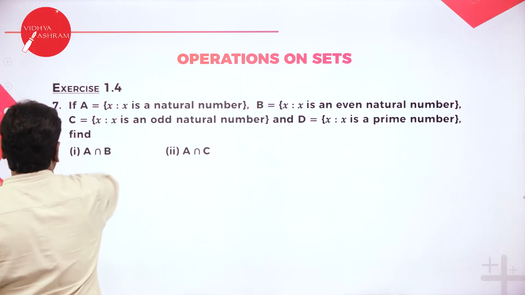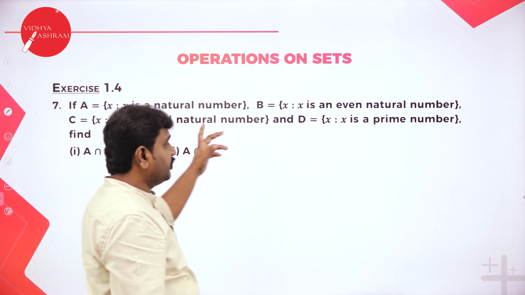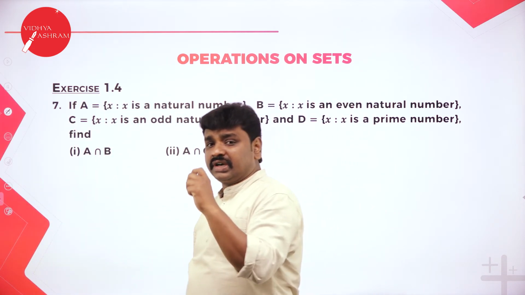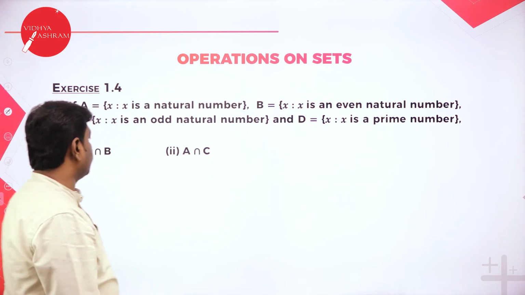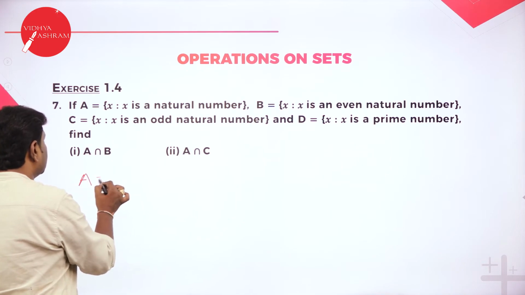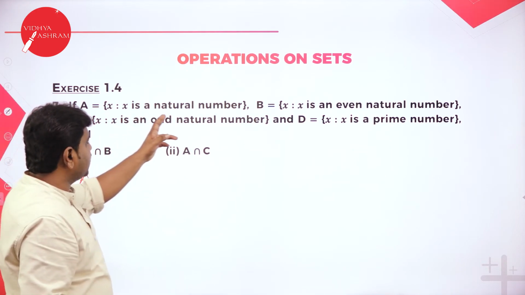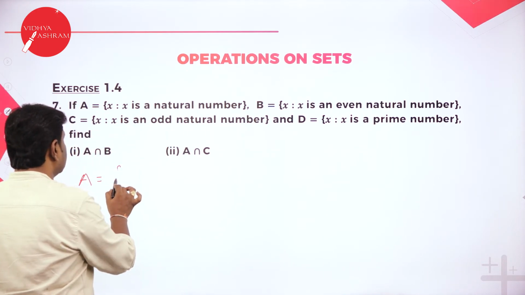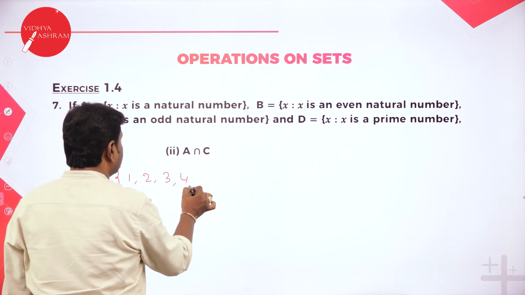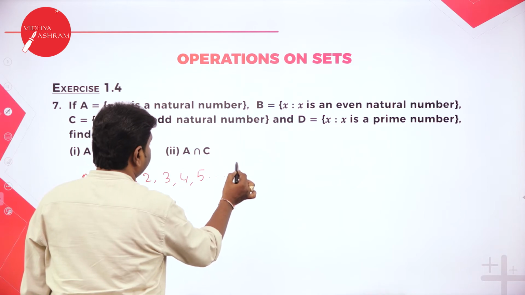Now going ahead, we have the 7th problem where A and B are given in set builder form. Convert it into tabular form, then solve it. They want you to find A intersection B and A intersection C. What is A? X such that X is a natural number, starting from 1, 2, 3, 4, 5, and so on.